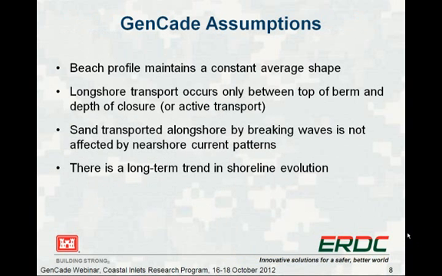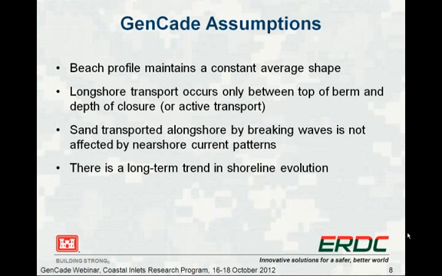We have a number of GenCade assumptions just because GenCade is a 1D model. One of the first is that the beach profile maintains a constant average shape. So this is a general assumption apart from times of extreme changes as produced by coastal storms. What this means is that a steep beach is going to remain steep, and a gently sloping beach is going to remain gently sloping in a comparative sense and in the long term.